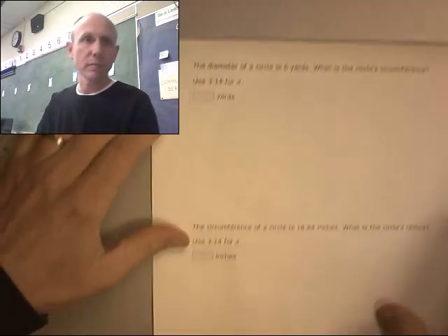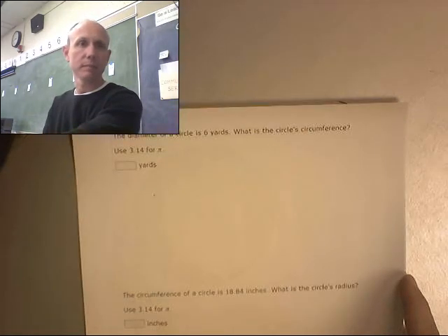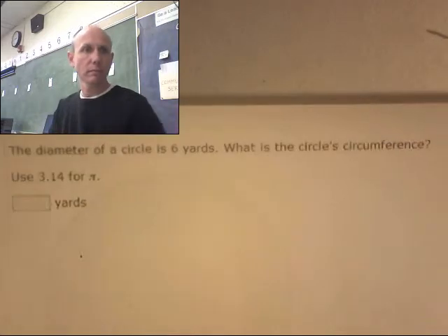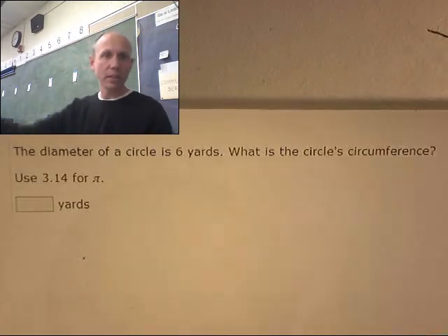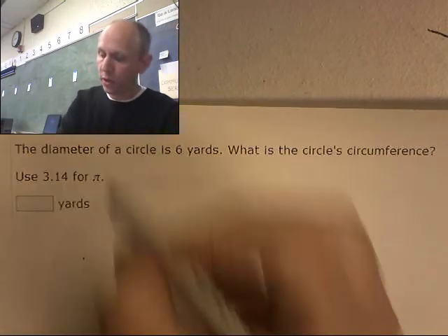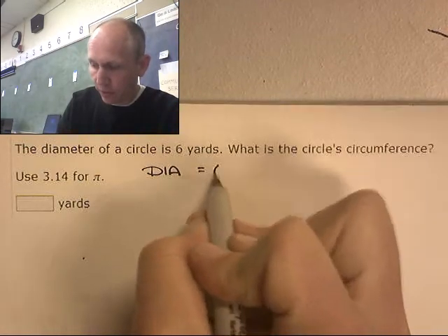So let's do some problems with this. Here's our first one. The diameter of a circle is 6 yards. What is the circumference? We know that the diameter is 6.